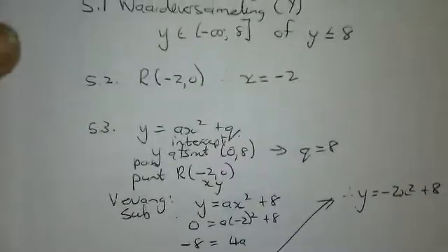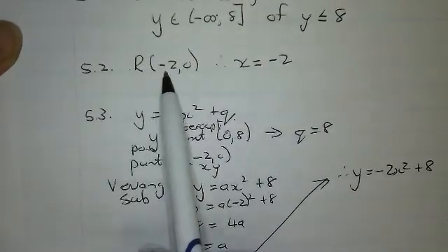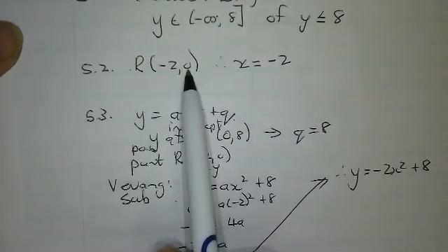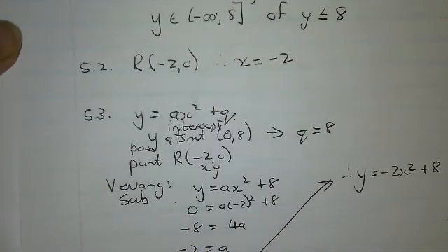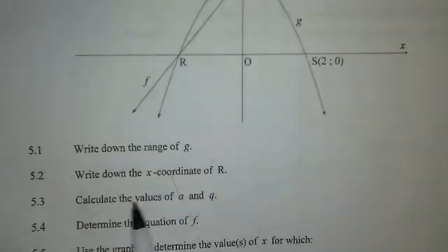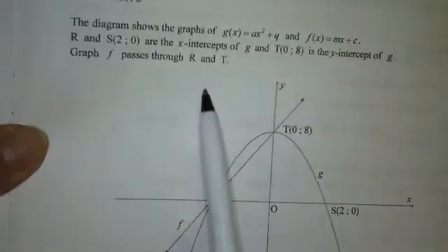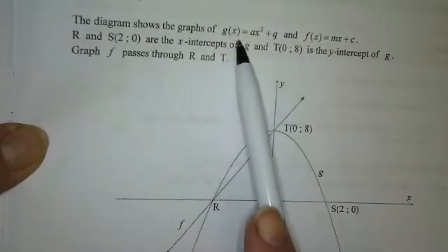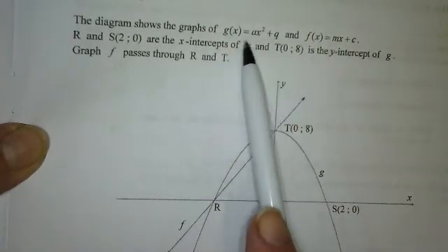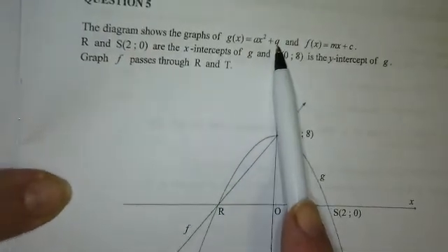The question is coordinates, so for r, my x coordinate is -2 and my y coordinate will be 0, x-intercept. The next question is to calculate the values of a and q. If you look at the equation given, ax squared plus q, a will be the coefficient of my x squared and q will be the constant.